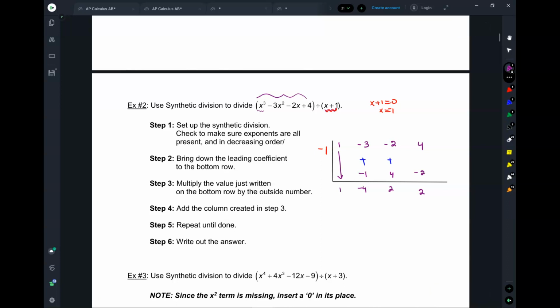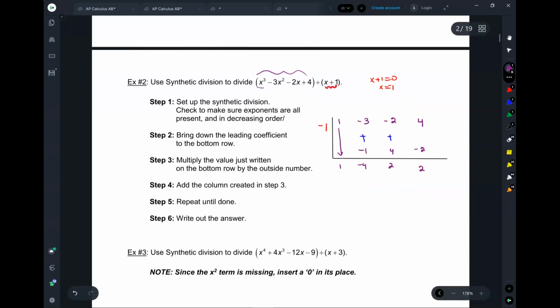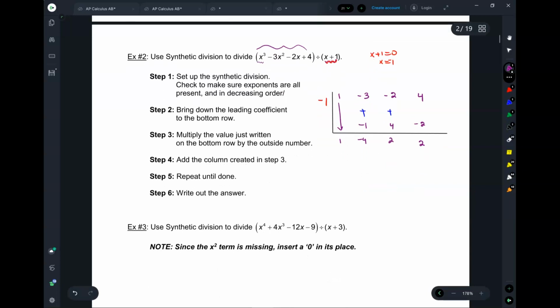Okay? And now you have to write out the answer. So basically, this last number is called the remainder. And now here's how you write out the answer. The initial function had a higher exponent of 3, correct?